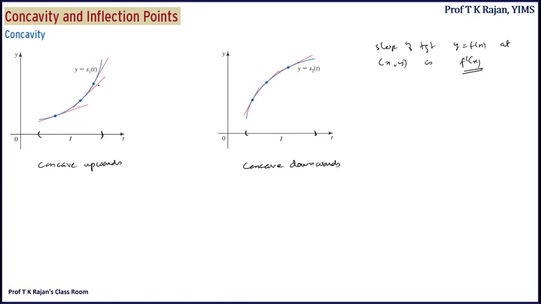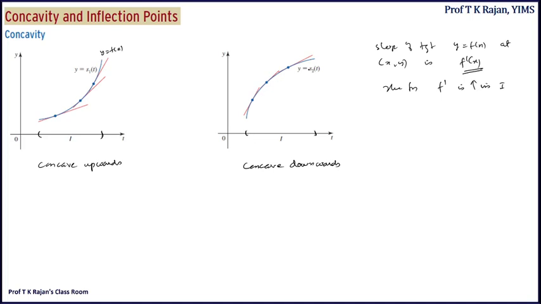So slopes of tangents are increasing means the function f dash is increasing in the interval I. So the condition for a function y equals f of x to be concave upwards in the interval I is that f dash is increasing in the interval I.